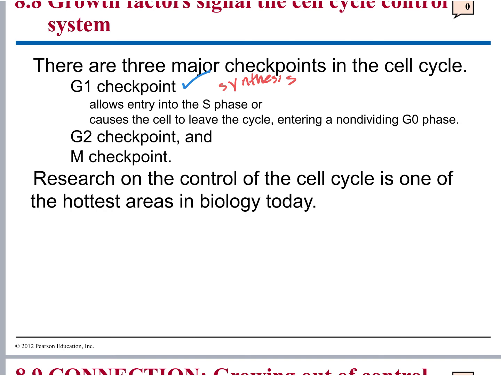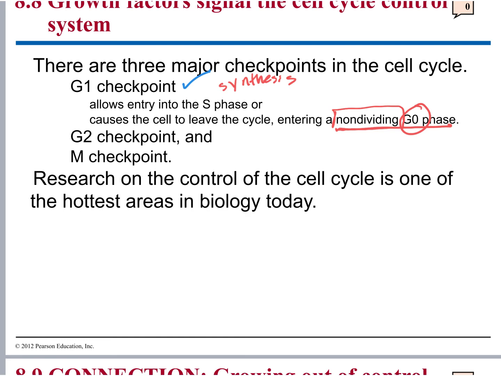If a cell isn't allowed into the S phase, the cell leaves the cycle completely and enters a non-dividing phase. Something's gone wrong, or there's a missing growth factor. Something has occurred not to allow that cell to progress in its life cycle. So then it doesn't go on to divide. It goes into kind of a resting phase that we call G0.